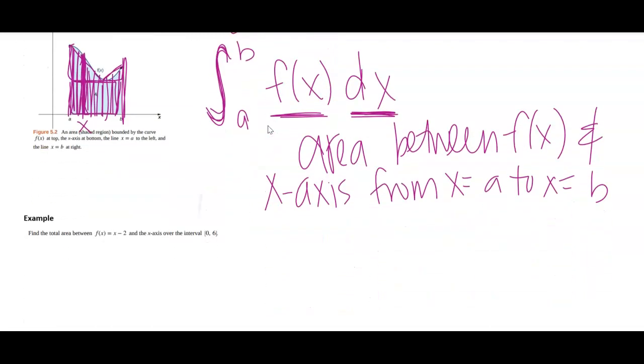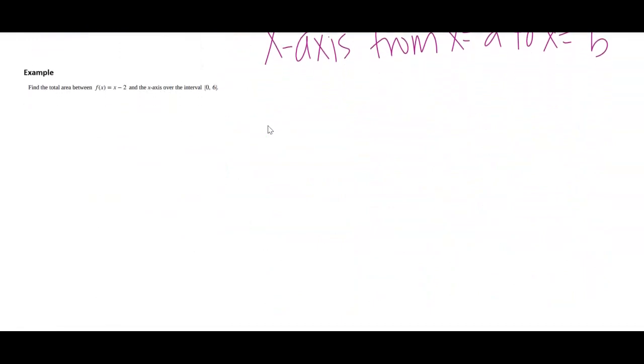Let's look at an example here with a line. So I want to find the total area between this function and the x-axis from 0 to 6. Well, let's go ahead and graph f of x equals x minus 2. So I go to -2. I have a slope of up 1 over 1.